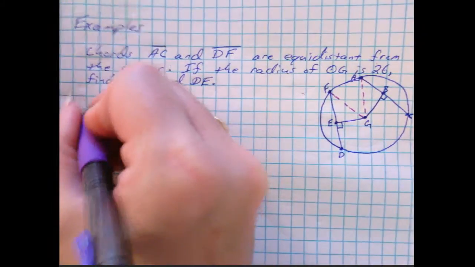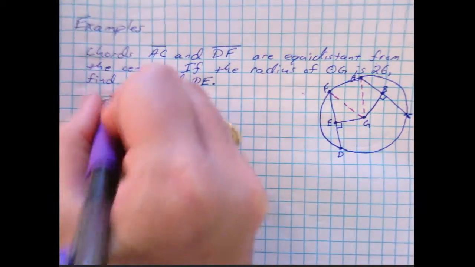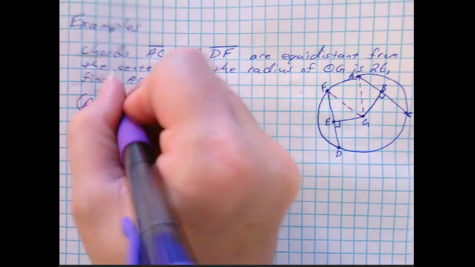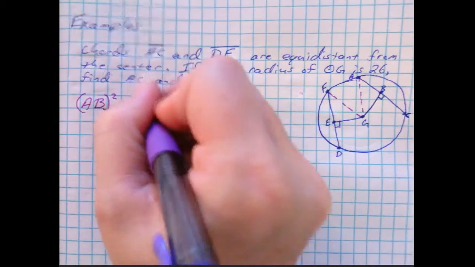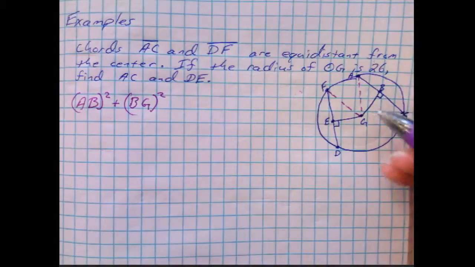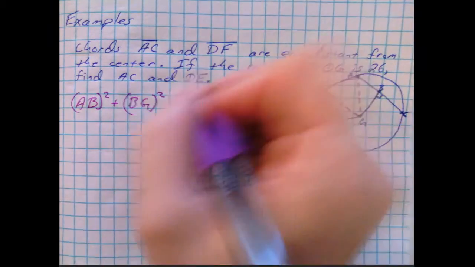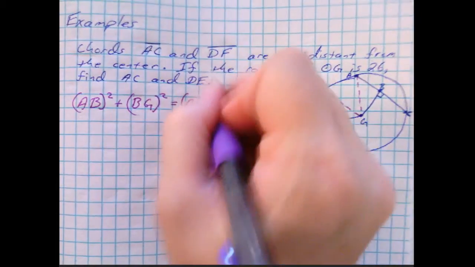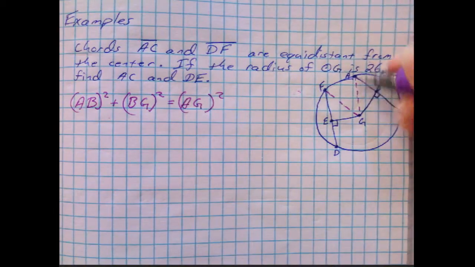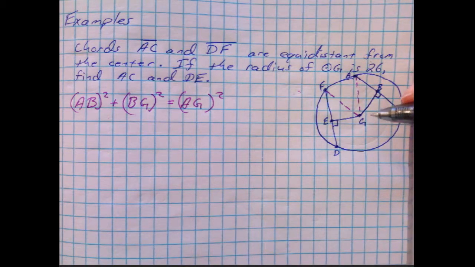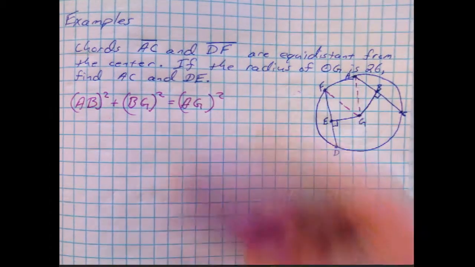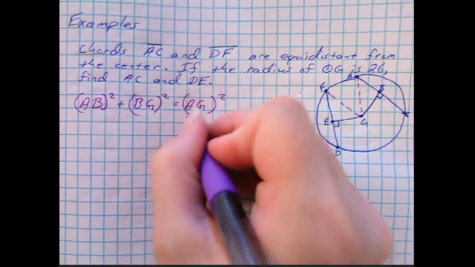I know AB squared, which is one of my legs, plus BG squared, which is my other leg, equals AG squared, which is my hypotenuse that I just drew, which is also a radius. We know the radius is 26, so I'm going to plug that in.